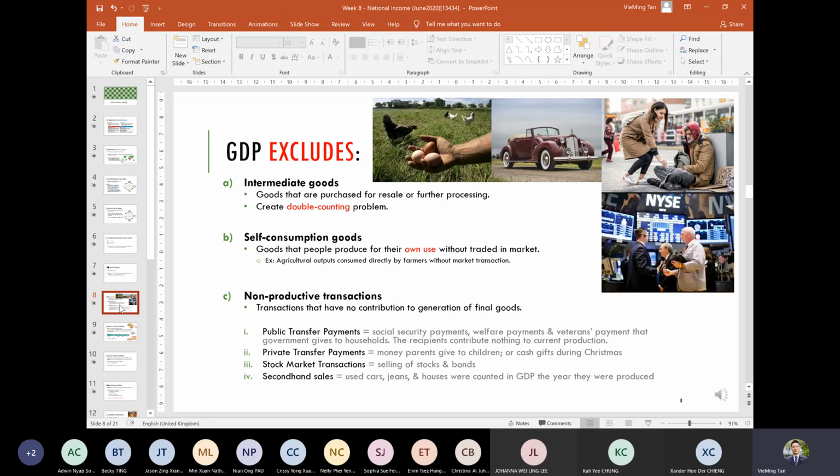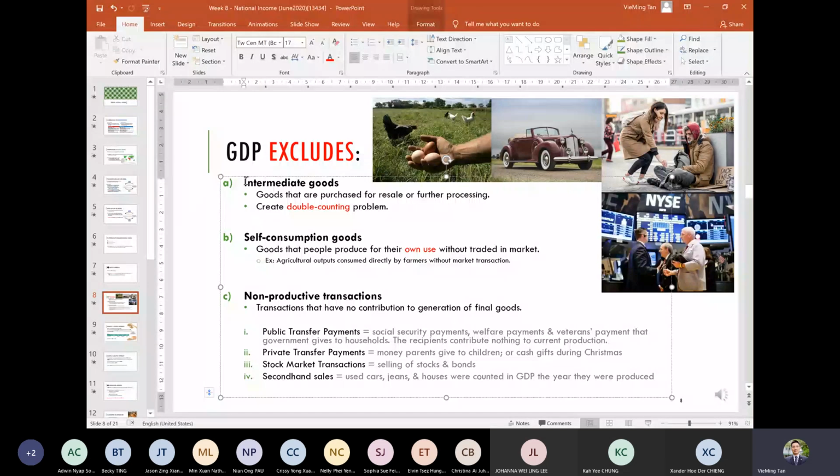Before we do an example, we can check what activities have to be excluded from the output approach GDP calculation. These are the goods that we should not include. The first one is intermediate goods.